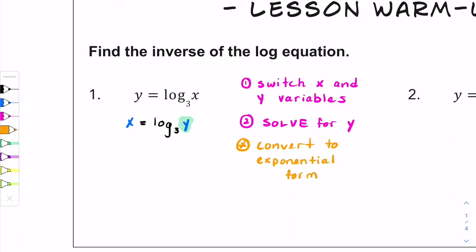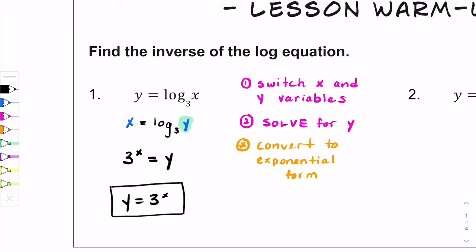So converting to exponential form indicates that we take the base of the logarithm, our solution of the logarithm as the exponent, and the argument as your answer. So 3 to the power of x is equal to y. This is our inverse. Y equals 3 to the power of x.